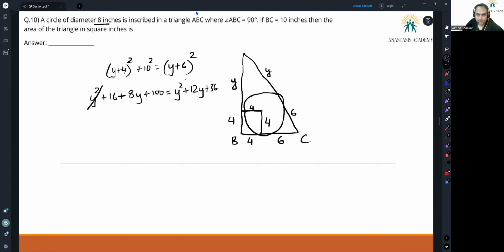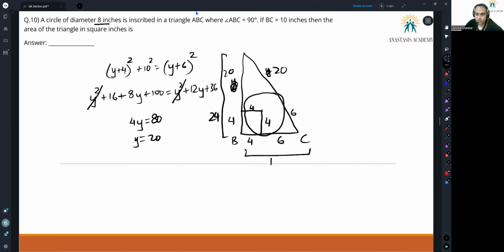Y square and y square cancel. 116 minus 36 is 80. 4y is equal to 80, or y is equal to 20. So if this is 20 and this is 20, this entire side is equal to 24.